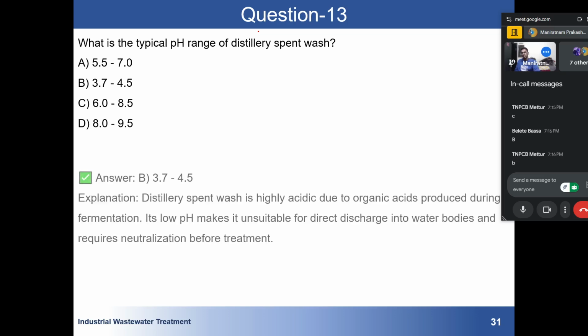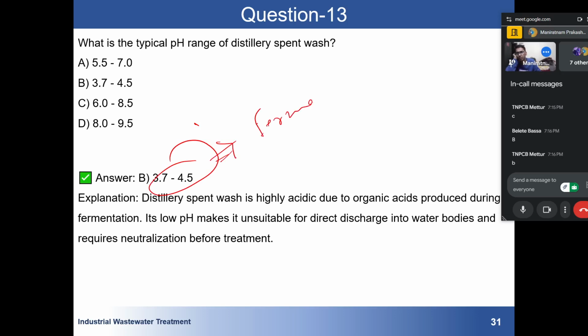Yes, B. Spent wash is highly acidic due to the organic load produced during fermentation. Its low pH makes it unsuitable for direct discharge into water bodies and requires neutralization before treatment. This is the normal pH, and this pH is also necessary for fermentation.